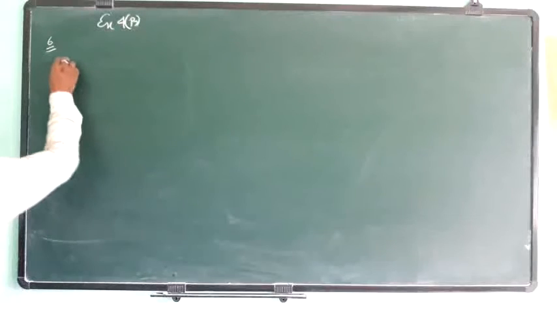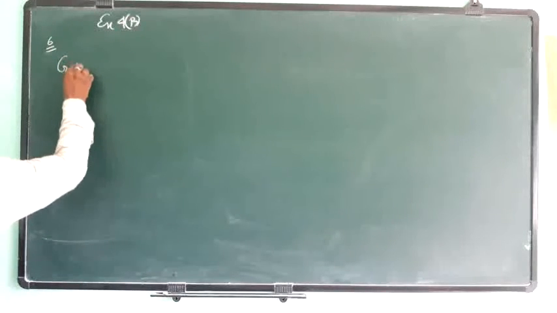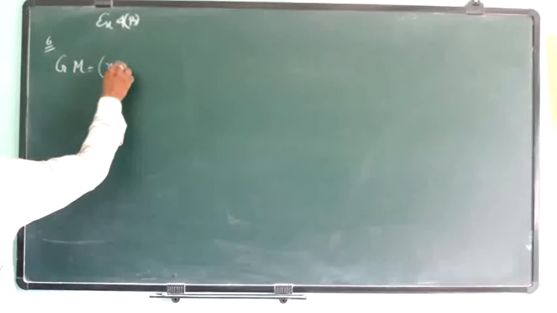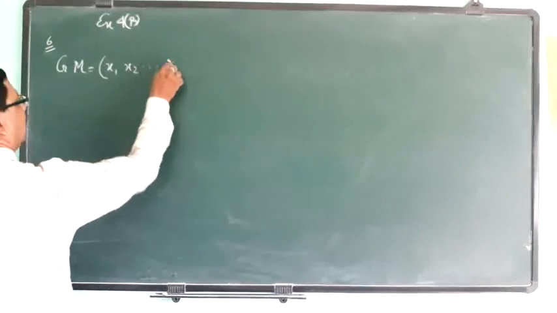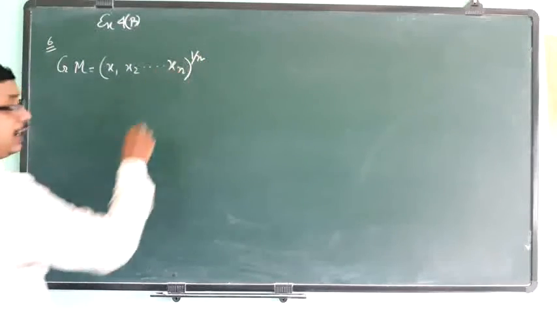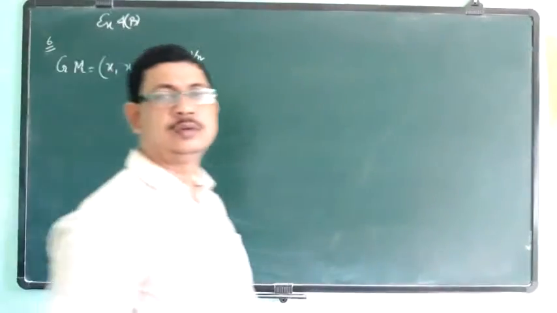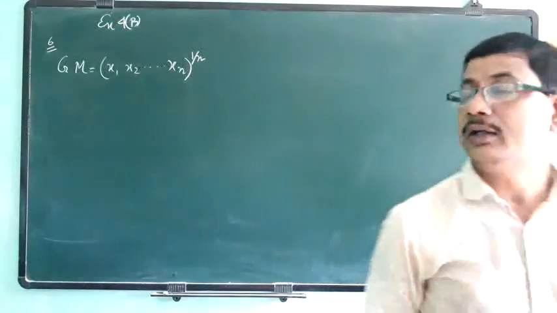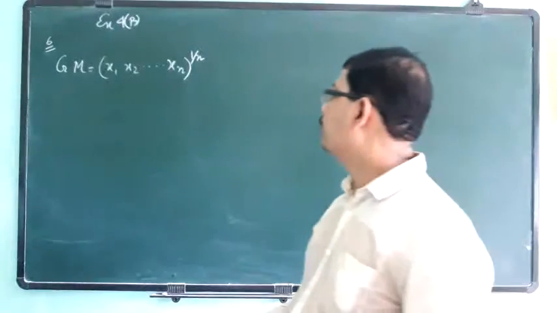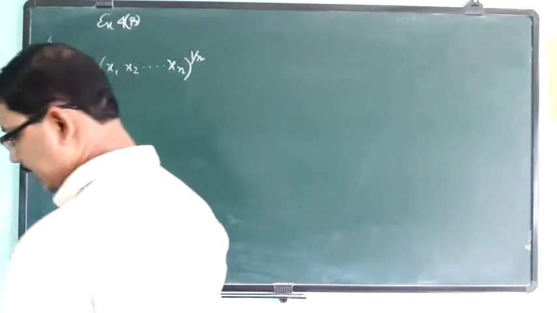So students, I want to write the geometric mean formula again: x1, x2, ... xn, then if you give the power of nth root, then it will be the geometric mean of terms x1, x2, x3 dot xn.